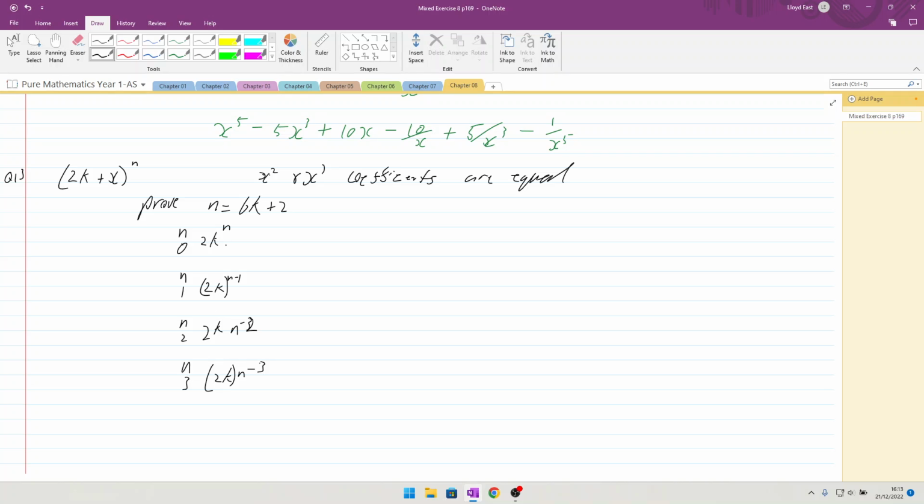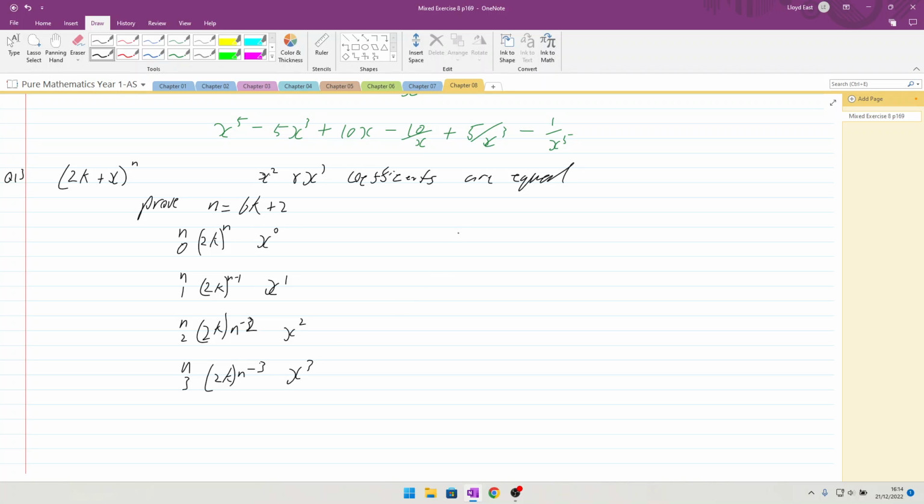So it's just descending in powers, minus 1, 2, 3. And then that is going to be multiplied by x to the power 0, x to the power 1, x to the power 2, and x to the power 3. So basically, the coefficients, which will be this nC2, 2k to the n minus 2, and this nC3, 2k to the n minus 3, are equal.